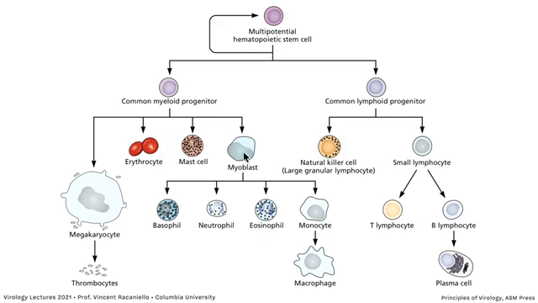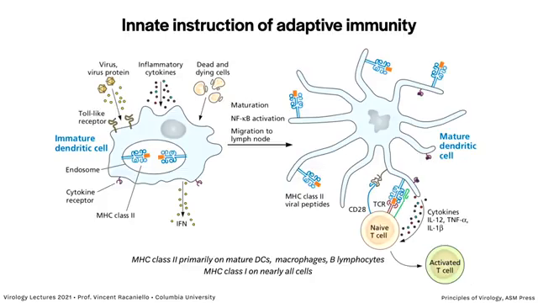And this latter, in turn, gives rise to basophils, neutrophils, eosinophils, and monocytes. The other product of the multipotential stem cell is the common lymphoid progenitor. This differentiates into natural killer cells, and then T lymphocytes and B lymphocytes. All right, so this all starts in the bone marrow, and many of these cells mature elsewhere.